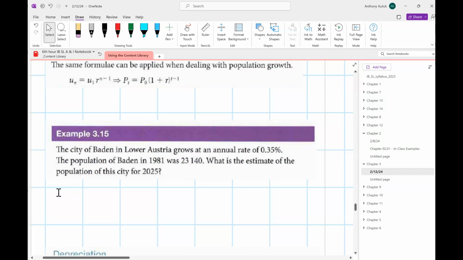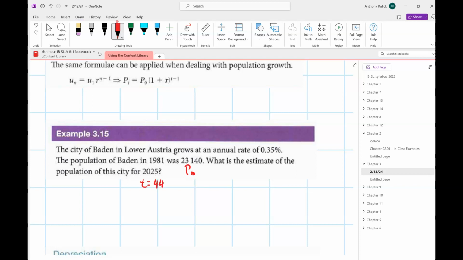So the city of Baden in Lower Austria grows at an annual rate of 0.035%. The population of Baden in 1981 was 23,140. The estimate for the city's population in 2025 is what, 44 years?